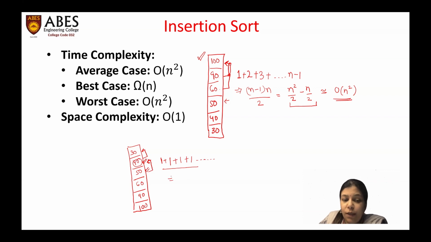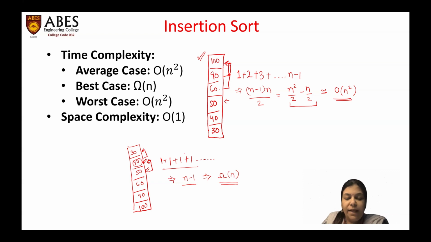Therefore, the total number of comparisons here will be n minus 1. Again, this is a function of n, but the highest order of n is n raised to the power 1. So this can be represented as omega of n, as we are here discussing the best case complexity of insertion sort.